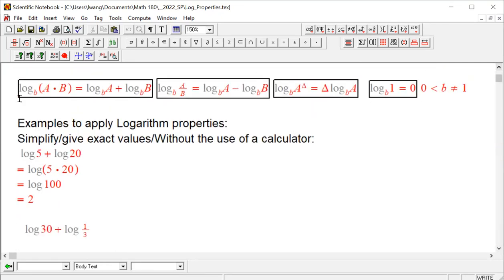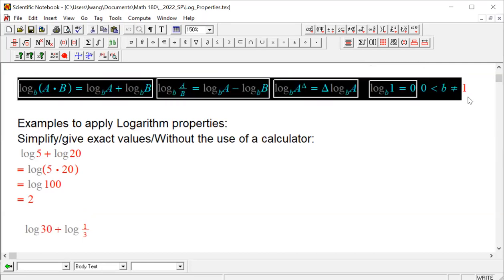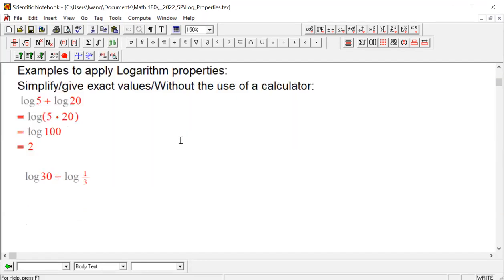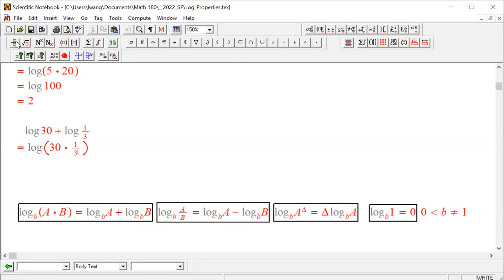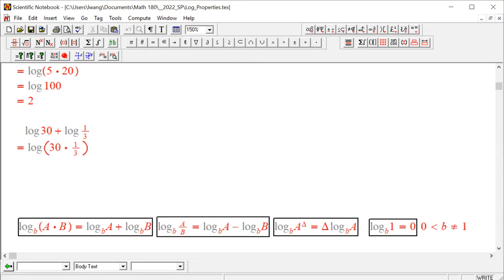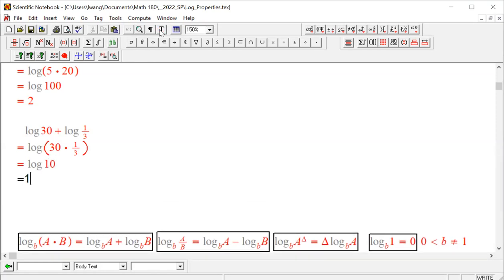We're going to put these properties underneath. If we use the first property from right to left, we'll have log of 30 multiplied by 1/3, and that will give us log 10. Log 10 equals 1. Finished.